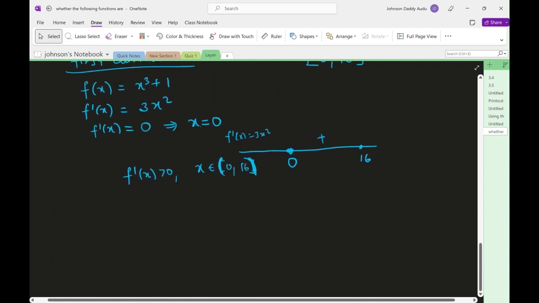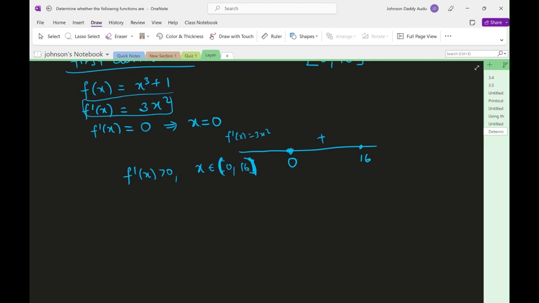So since f prime of x is greater than 0, and f prime of x is 3x squared, whatever x coming from 0 to 16, you're going to get a positive number. It's not going to be negative. So the function is increasing.